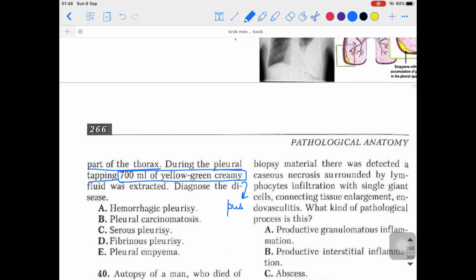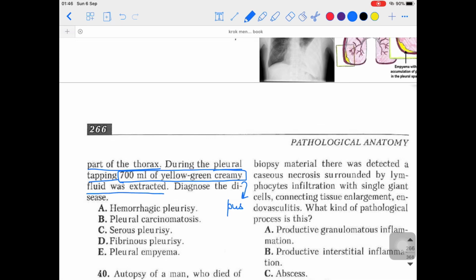Once again, so many questions are coming from the fibrinous inflammation, and so many questions are coming from the suppurative purulent inflammation. So these are actually important. Lupus is important, diphtheric is important, fibrinous inflammation. Then empyema, phlegmon, abscess, these are important, right? So what is this particular question about? Fluid was extracted.